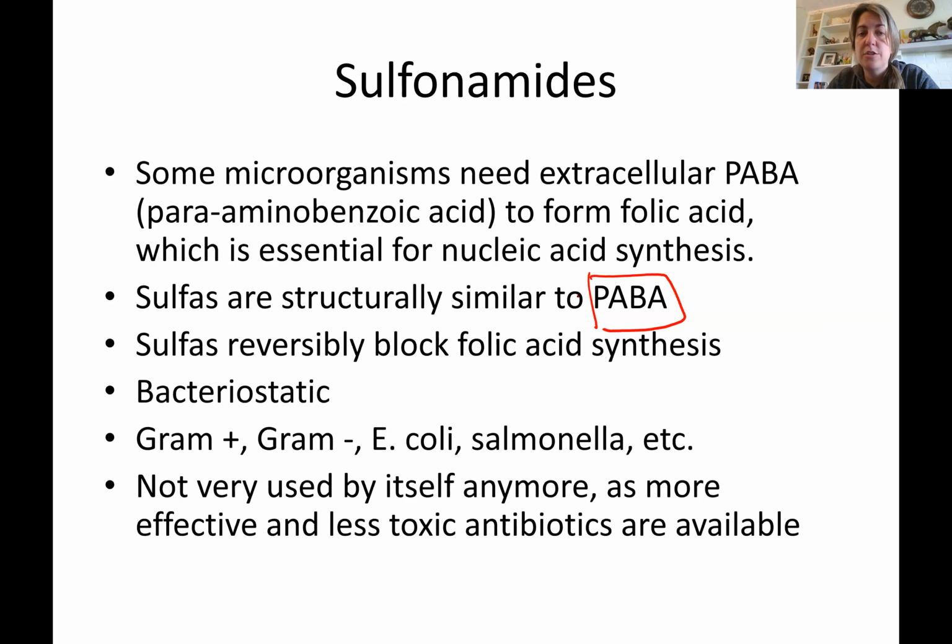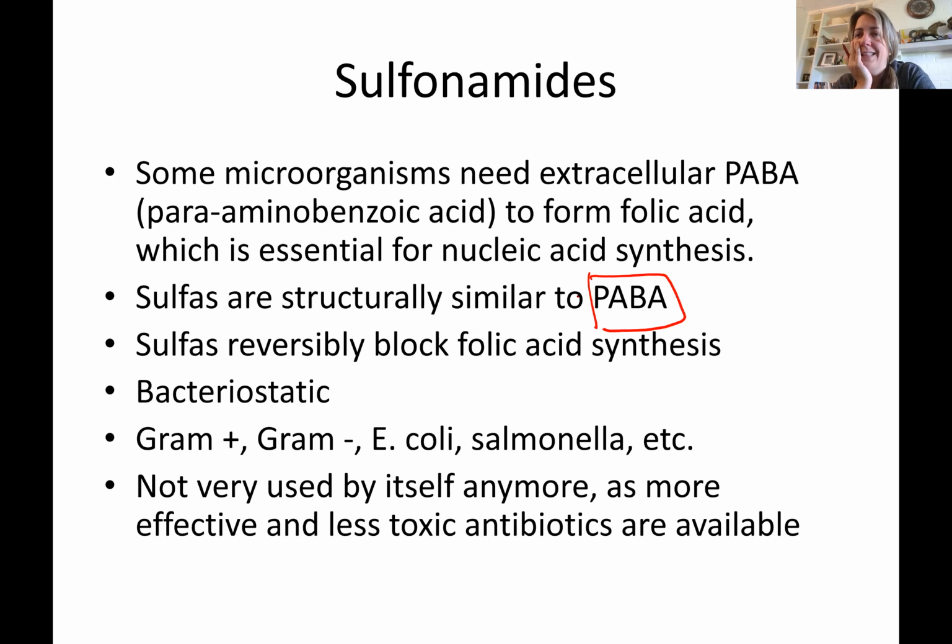In the presence of sulfa, the bacteria, instead of grabbing PABA, may grab sulfa, but guess what? Once they bring sulfa inside, it's not PABA, so they cannot form folic acid. Sulfa in itself is bacteriostatic, so it doesn't kill the bacteria, it just doesn't allow the bacteria to continue to multiply and create bigger infections.